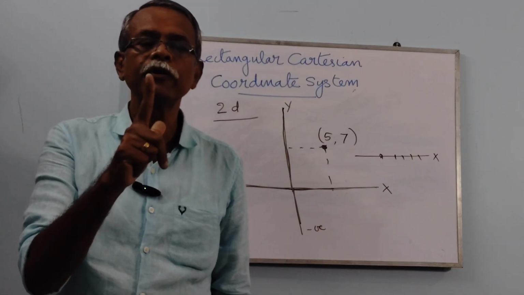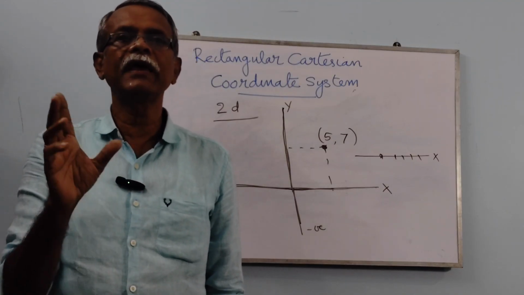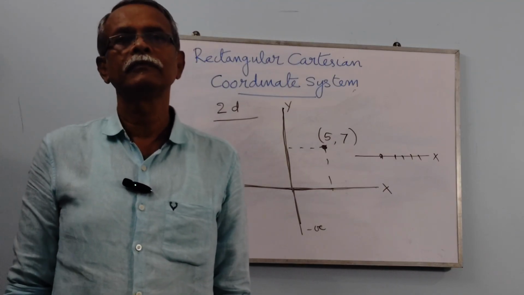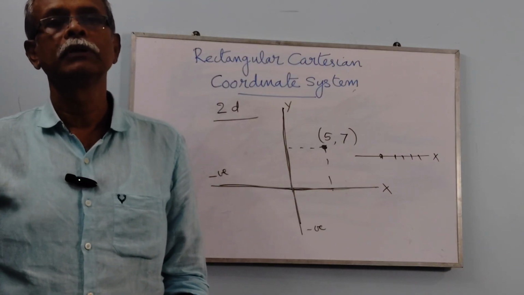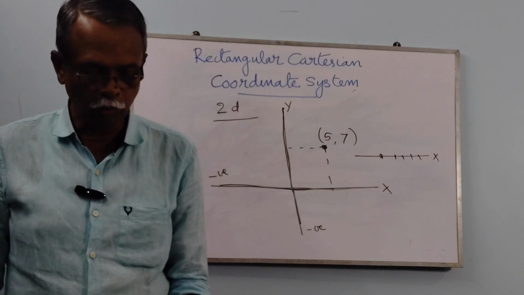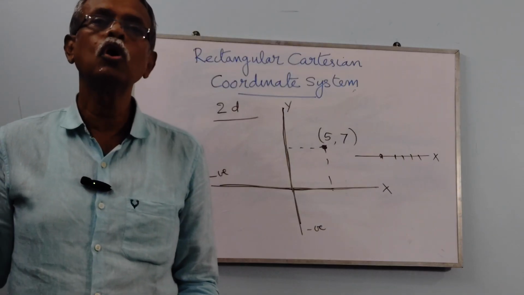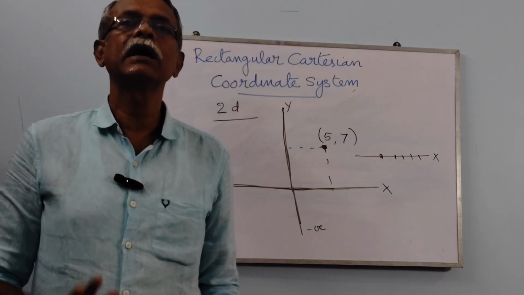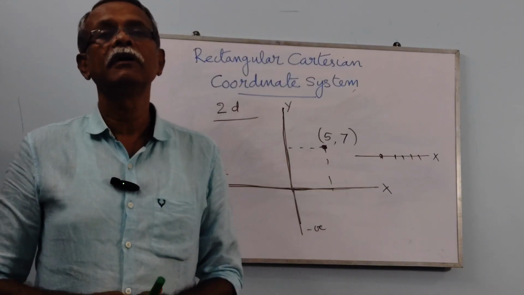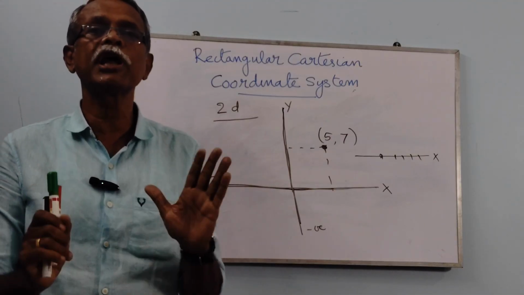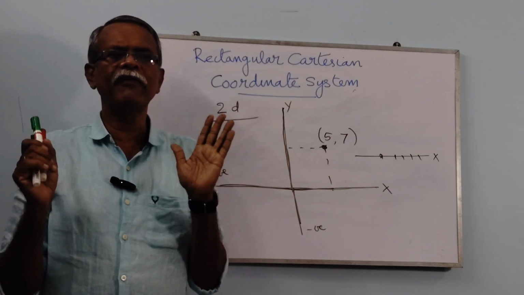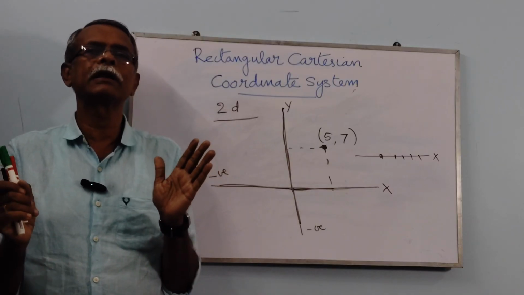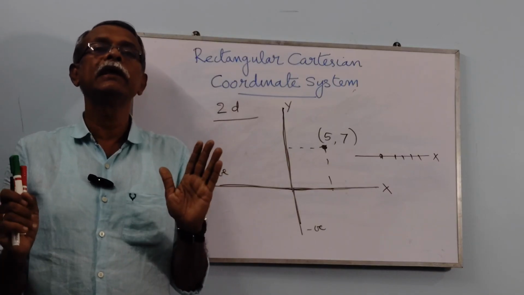And the point at which all these axes coincide is called the origin of the coordinate system. So by specifying the origin and also by specifying the coordinates, we can fix the position of the particle uniquely. That is the way in which the position of the particle is uniquely represented.